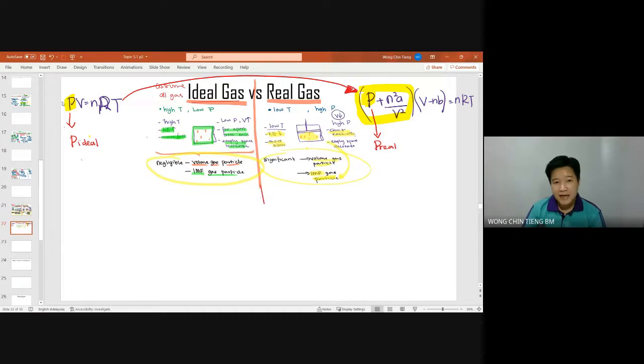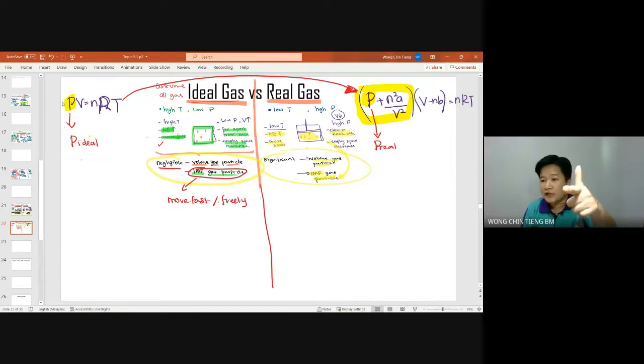Tengok balik keadaan ideal gas dengan real gas kamu. Dalam ideal gas, the intermolecular force of attraction is very negligible. Tak ada intermolecular force of attraction. Bila tak ada intermolecular force of attraction, you move very fast. Move fast, move freely. Agree? Not only that, guys, you have one more thing. You collide freely.